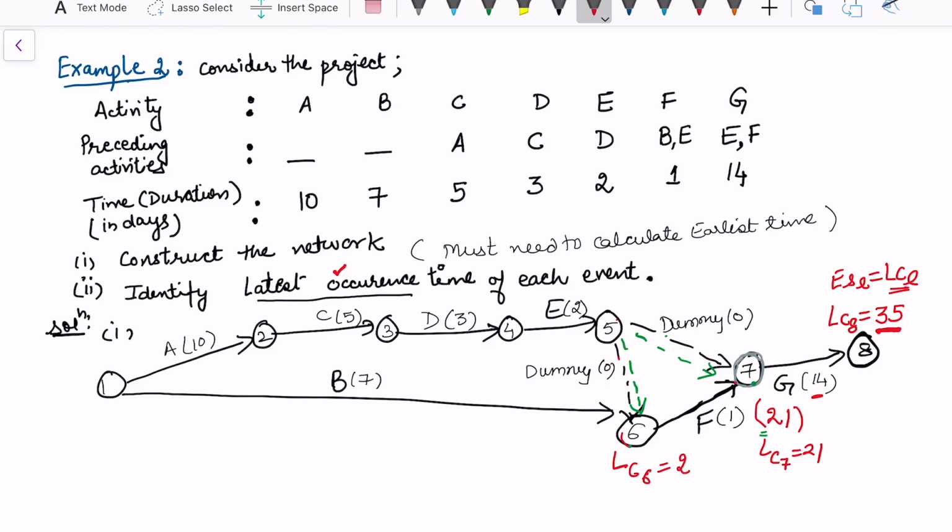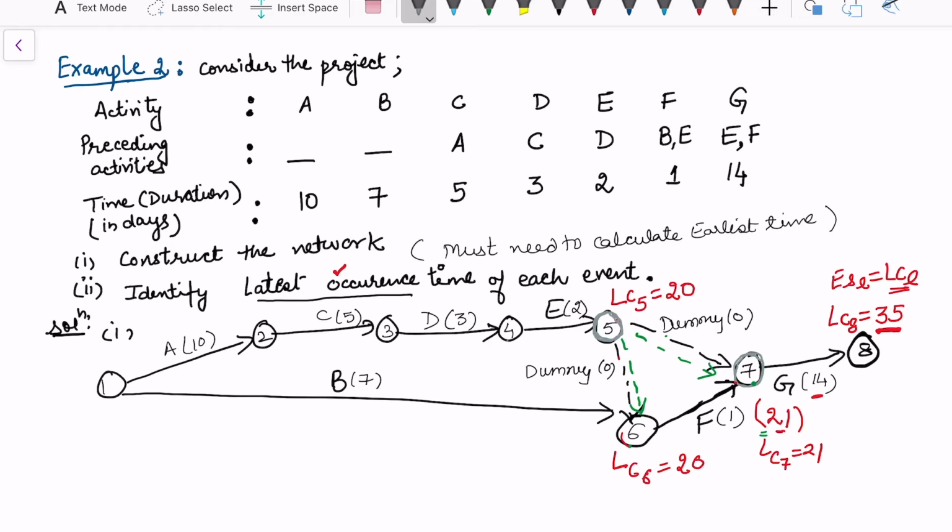Because the extra time was taken by F. When we calculated the time duration, this 20 plus F was 21. So the starting activities which were coming up later on contribute to this extra quantity. But when we are coming back, we need to subtract the least, so that we ensure the project is completed at 5th, assuming nothing else has started from 5th. This is the latest completion time.